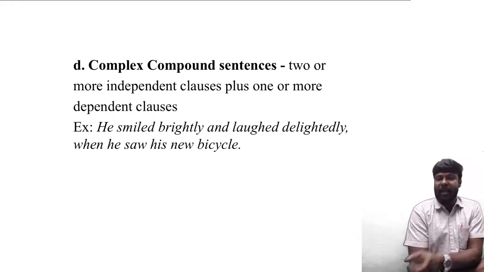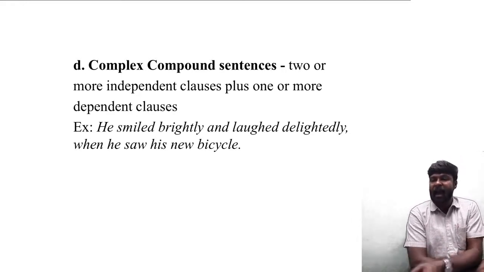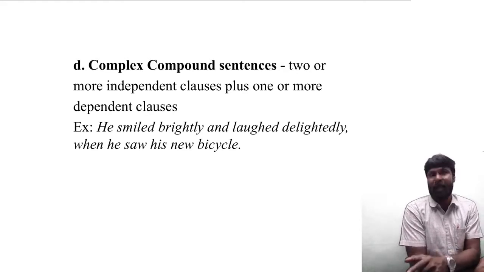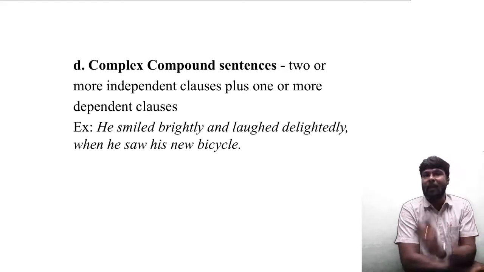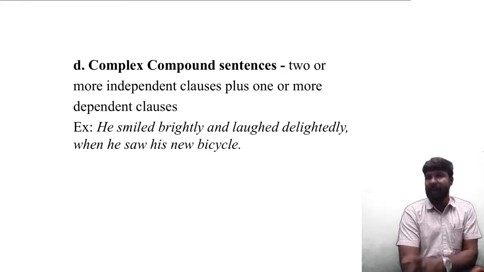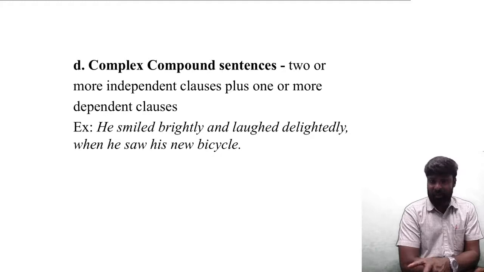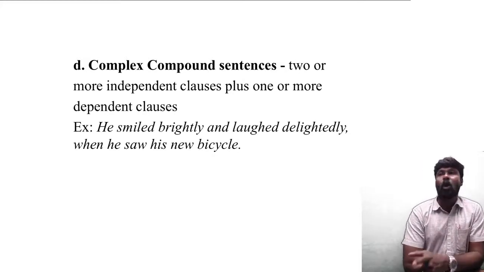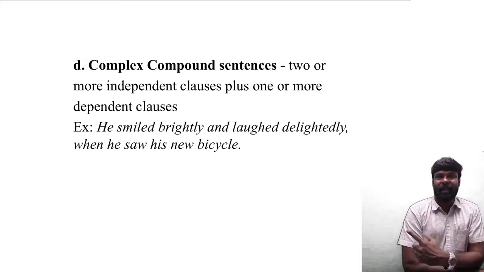Alright, so he smiled brightly and laughed delightedly. So you don't say he smiled brightly and he laughed delightedly. There's no need for a second he there. So you can very well say he smiled brightly and laughed delightedly. And then you're arriving at the subordinating clause, which is separated by a comma. You get that?